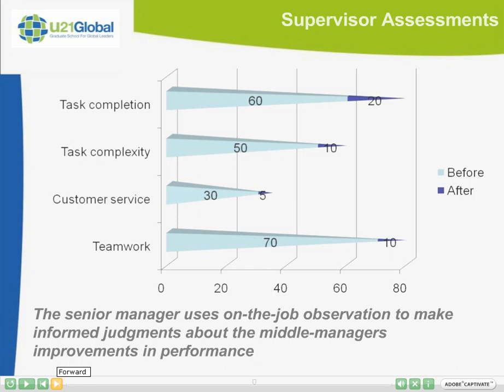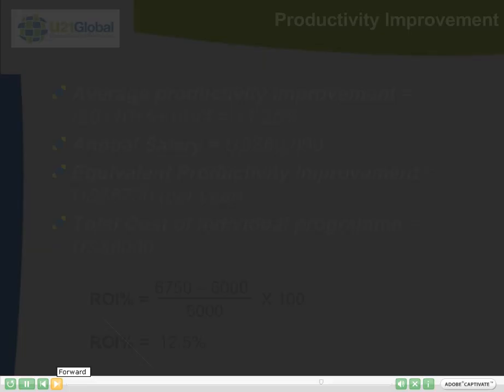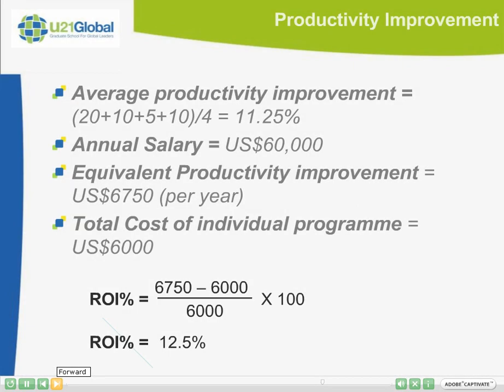And in terms of teamwork, the ability to work more effectively as part of a team, the improvement is rated by the supervisor as being 10%. Now, if we take the average productivity improvement across these 4 areas, it's the equivalent of roughly 11.25%.